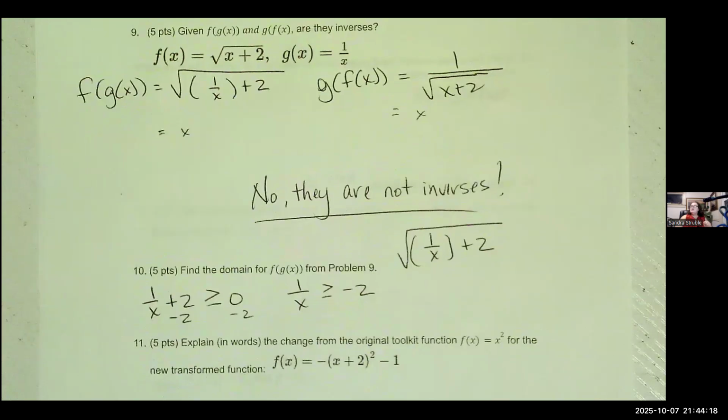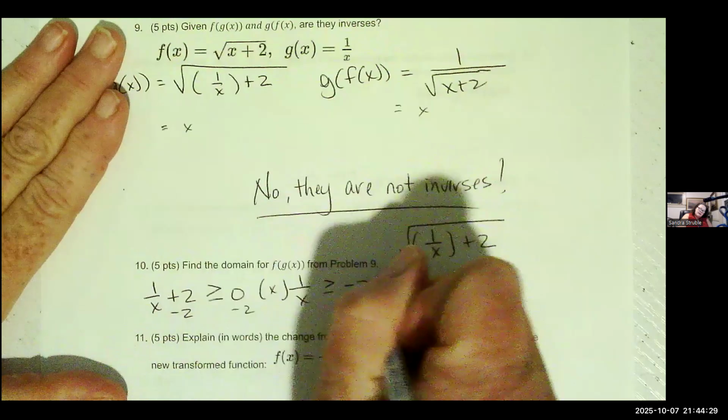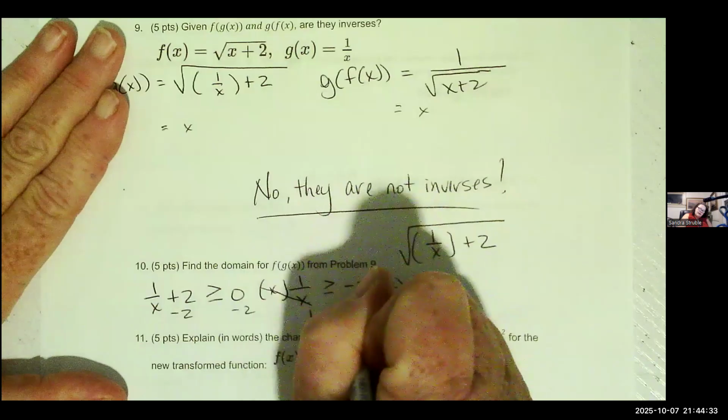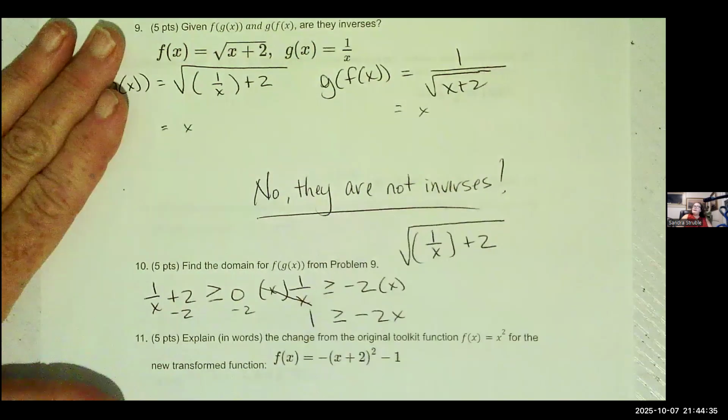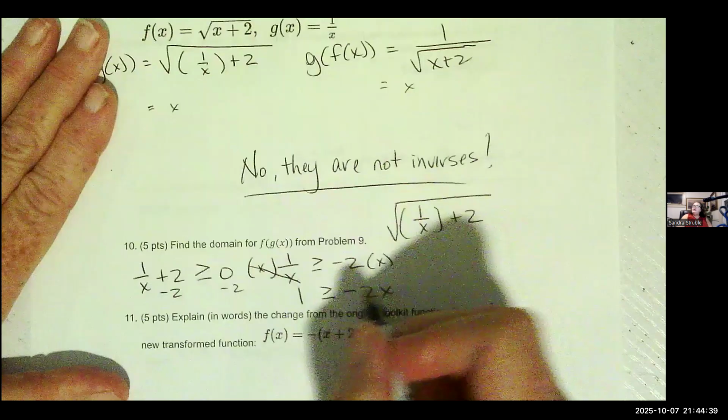Now we've got an x in the denominator. I can't do anything with that. So we need to make sure that the x moves to the numerator. In order to do that, I just need to multiply both sides by x. These will reduce. I'm left with 1 is greater than or equal to negative 2x. Okay, now I can solve for x. I have to divide both sides by negative 2.